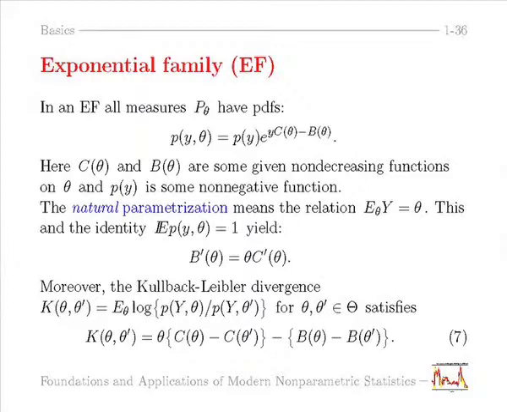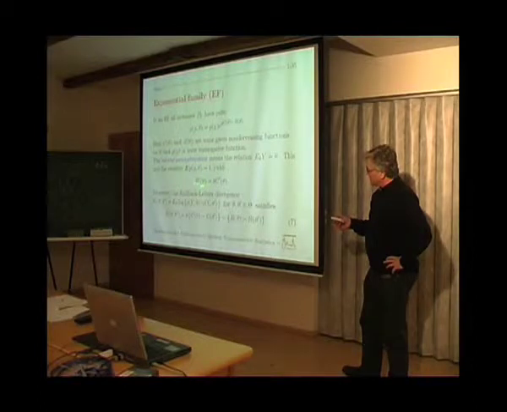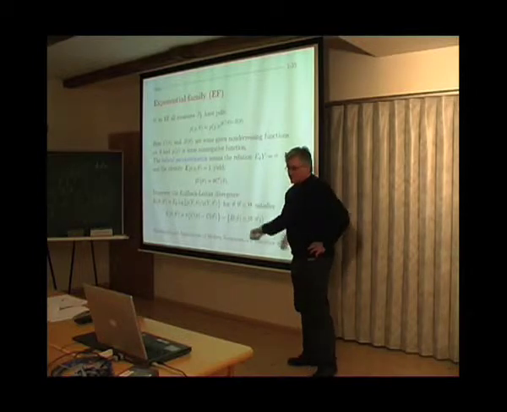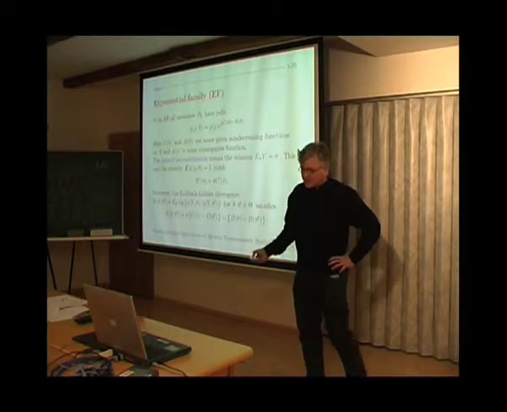This means that the expected value under theta of y, having this density here, is equal to theta. Then the natural parameterization entails that b prime, the first derivative of this function b with respect to theta, must be equal to theta times c prime. Again, you can calculate the Kullback-Leibler divergence. So everything that I showed you before falls under these exponential families.